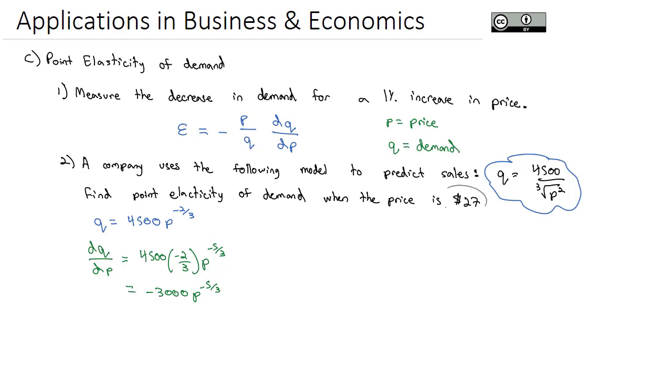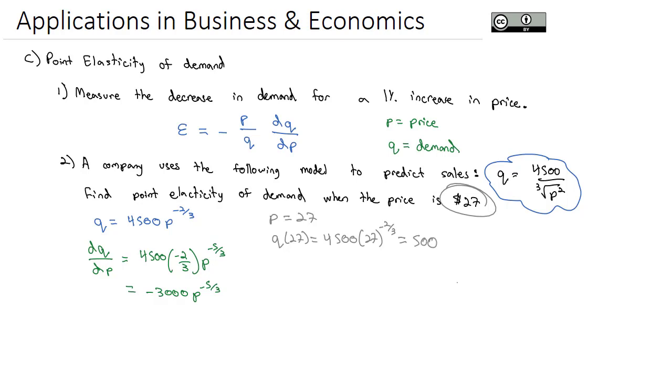Let's plug in our sales price to figure out what the derivative and the demand are at a price point of $27. If the price is $27, Q at 27 is 4,500 times 27 to the negative 2/3 power. My calculator can help with that.